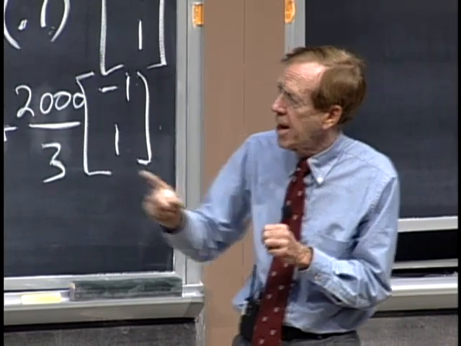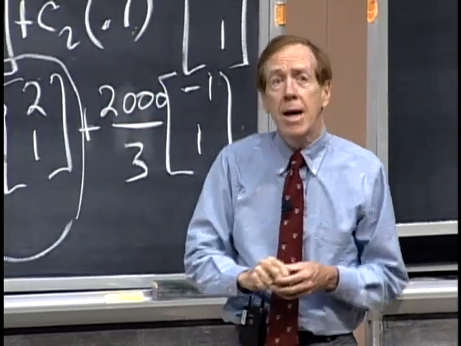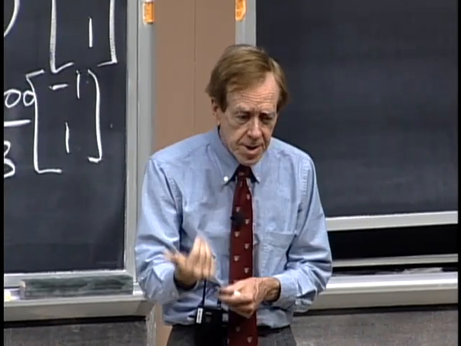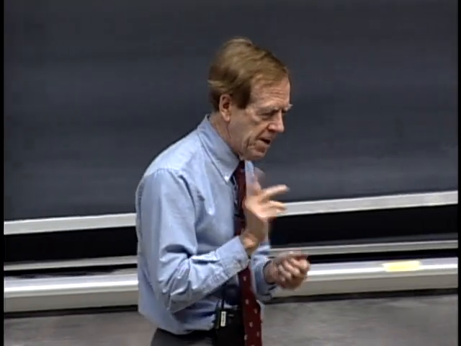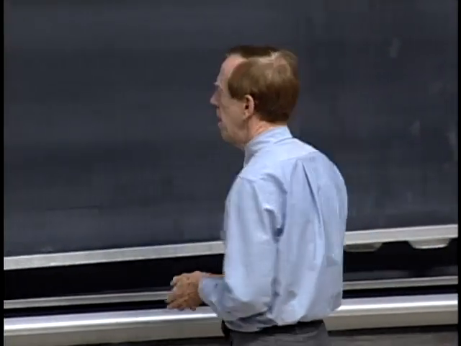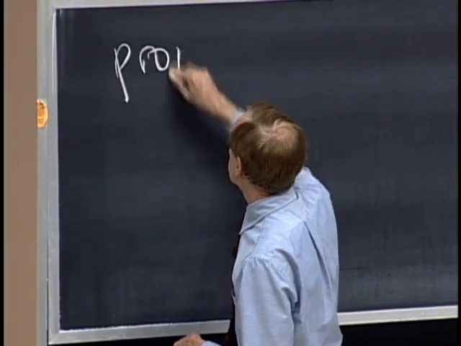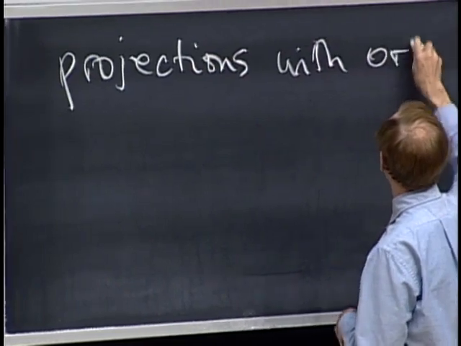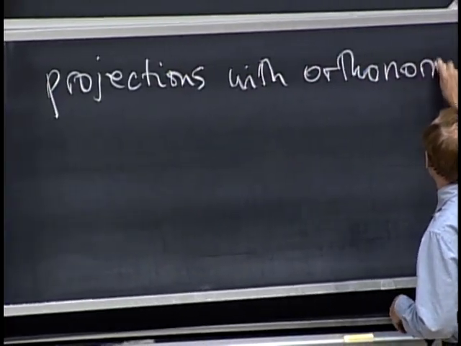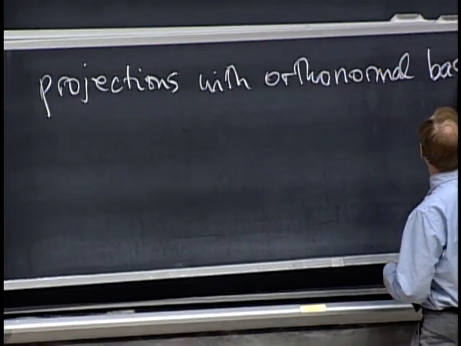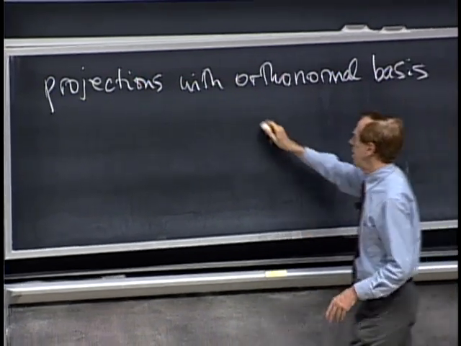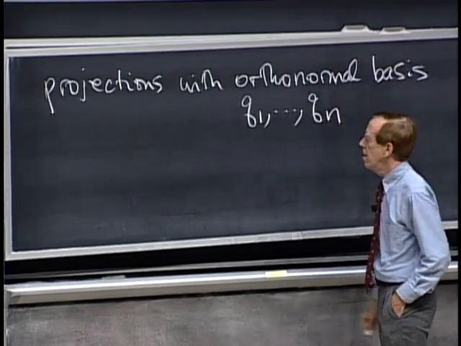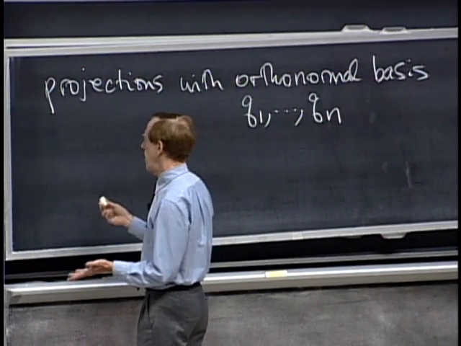Now I want to say something about projections, even leading a little into Fourier series. But before any Fourier stuff, let me make a comment about projections onto an orthonormal basis. Of course, the basis vectors are q1 up to qn. I have a vector b.